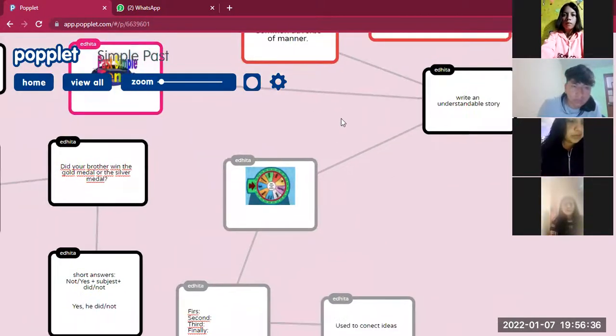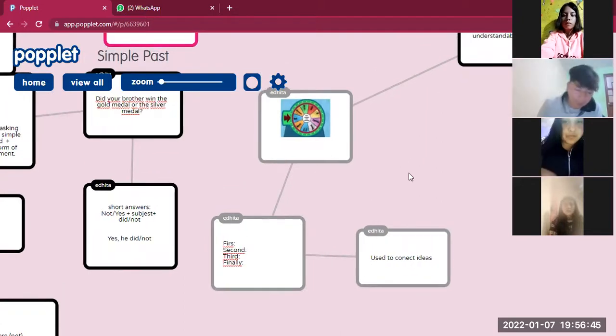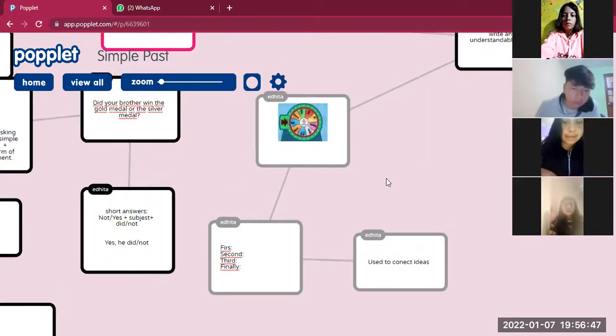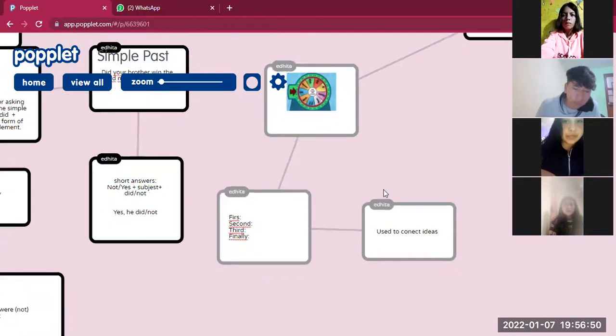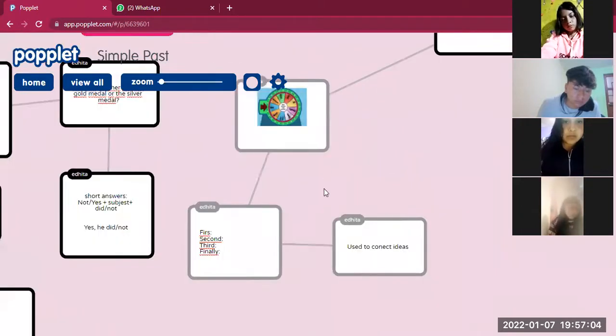We are going to review four common connectors that we commonly use to connect ideas. Are you ready? Now, why are connectors very important at the time of writing a story? Do you know?